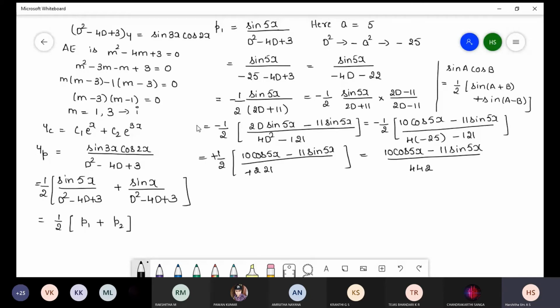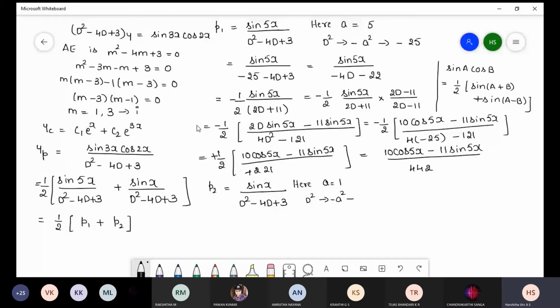Next, P2. Sin x divided by D square minus 4D plus 3. Here a is equal to 1. So D square should be replaced by minus a square, that is minus 1.